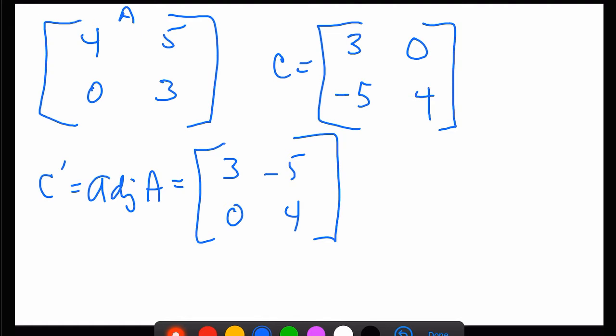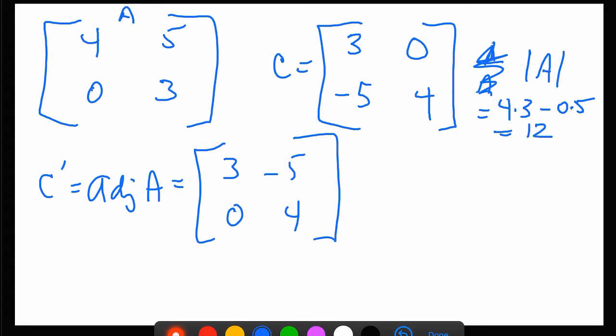What's the determinant of this? So come back to A. What's the determinant of A? It's going to be 4 times 3 minus 0 times 5, which is 12, right?